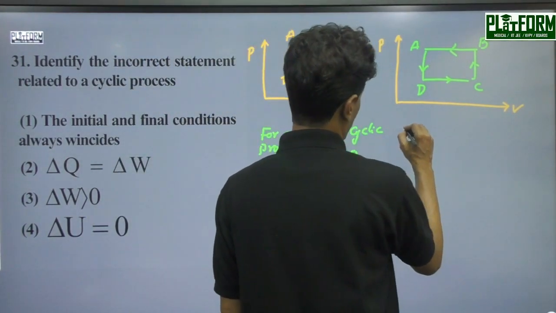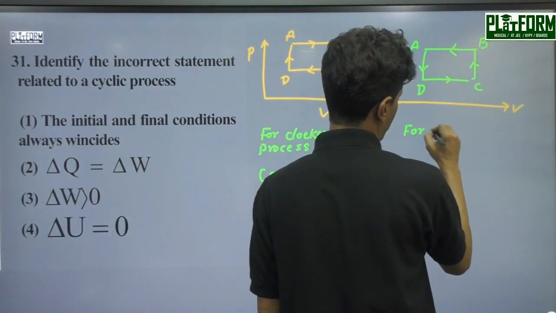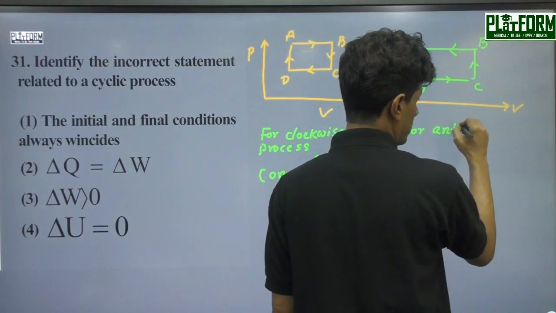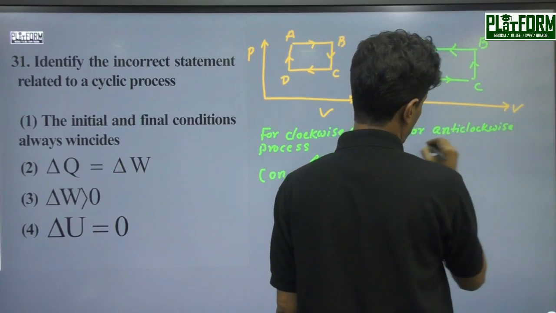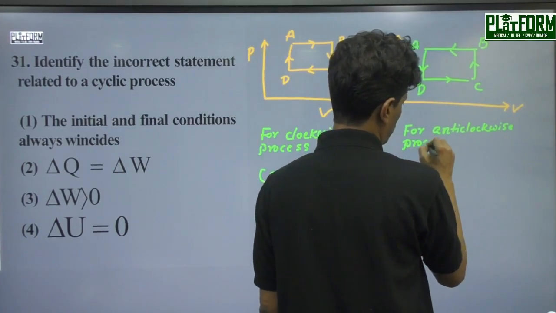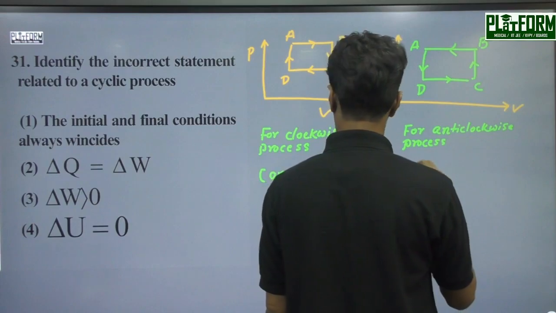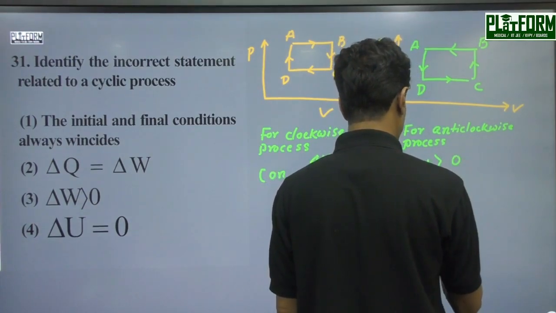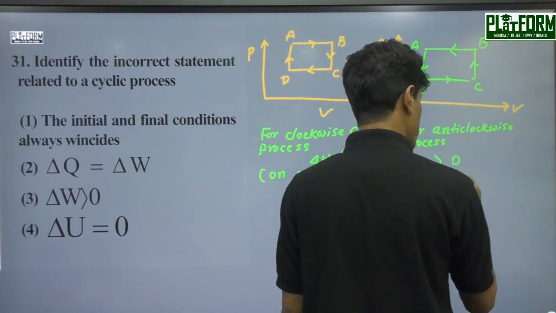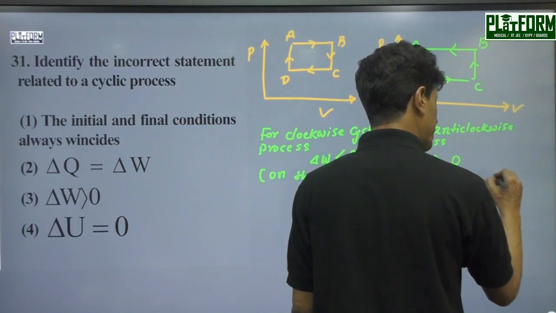And similarly for an anti-clockwise process, work done is always greater than 0, that is work done by the gas.